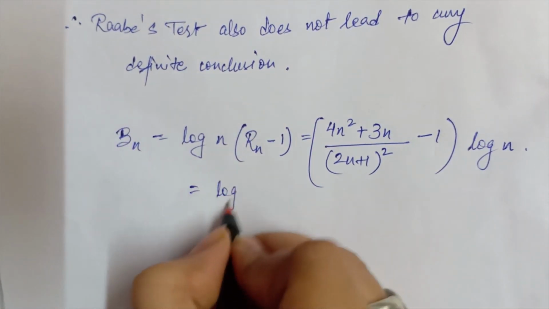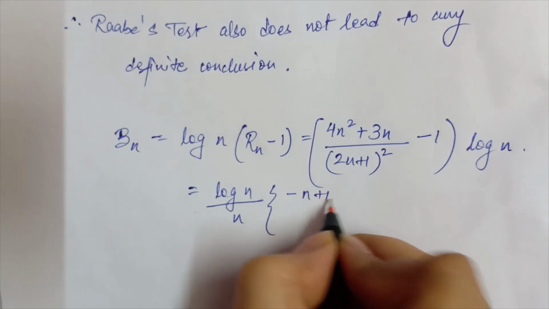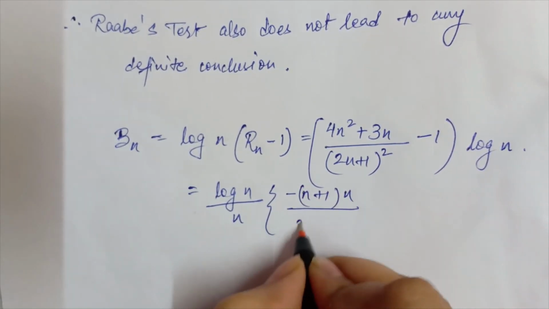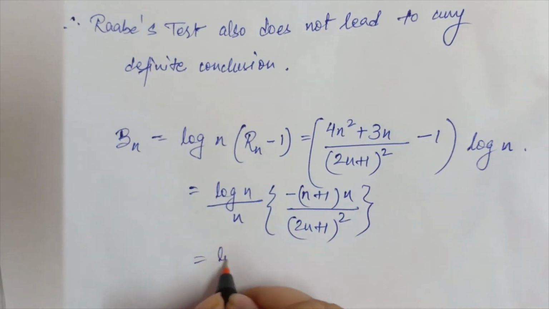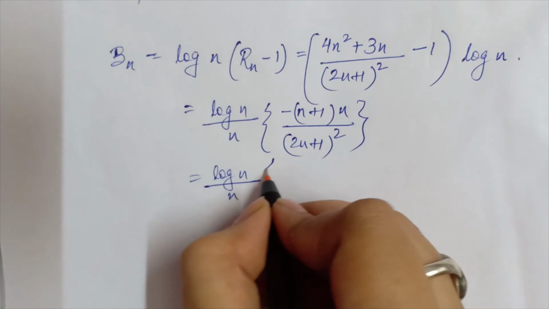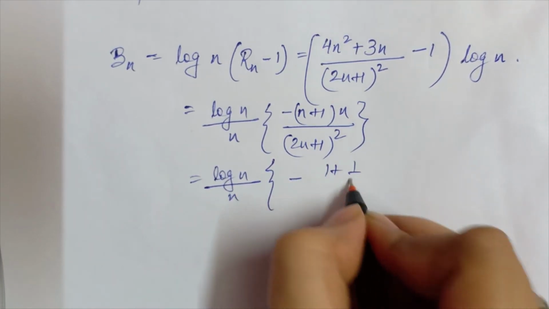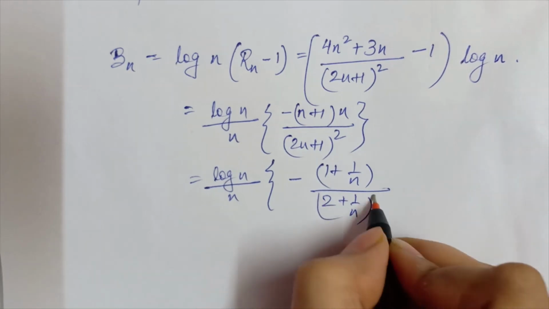This gives us log n by n into minus n plus 1 into n by 2n plus 1 whole square, which equals log n by n into minus 1 plus 1 by n by 2 plus 1 by n whole square.